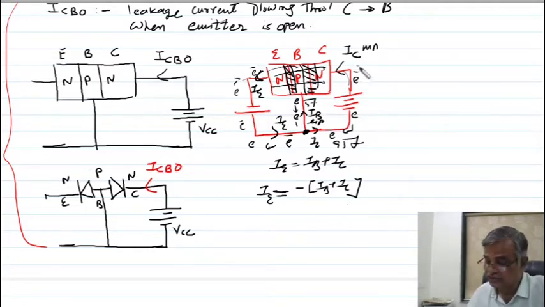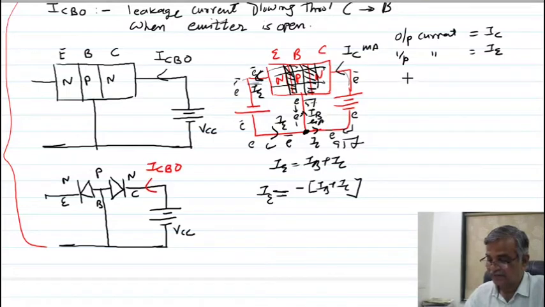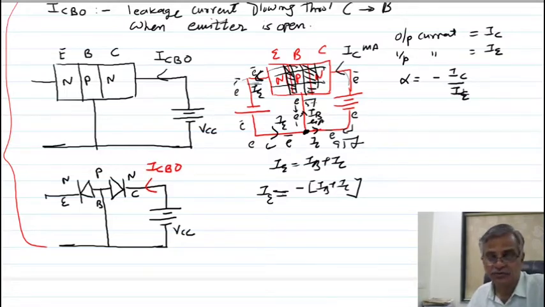And this is called output current, and this is your input current. So we have written output current is nothing but the IC. Input current is nothing but the IE, and we have written current gain is minus alpha is equal to minus IC by IE. We have written like this.